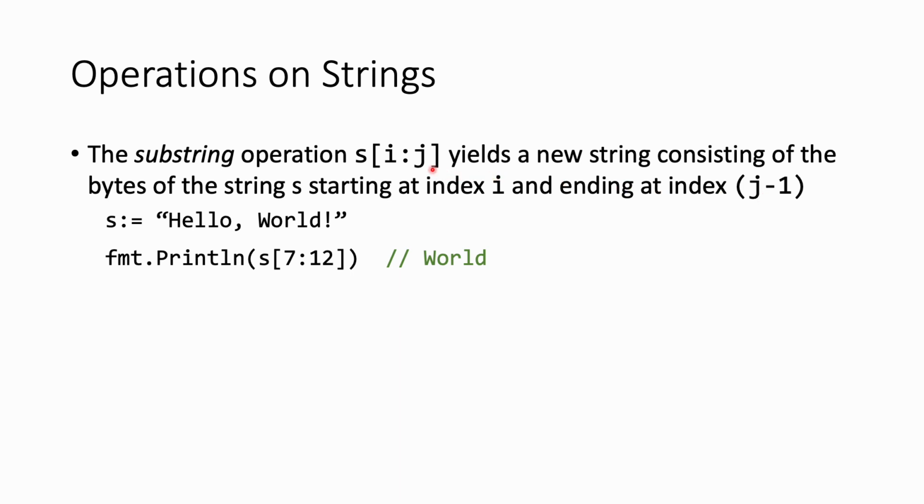So j, the index after the colon in the substring operation, is one index over the last index of the substring. For example, suppose variable S is defined as the string literal "hello, world!".